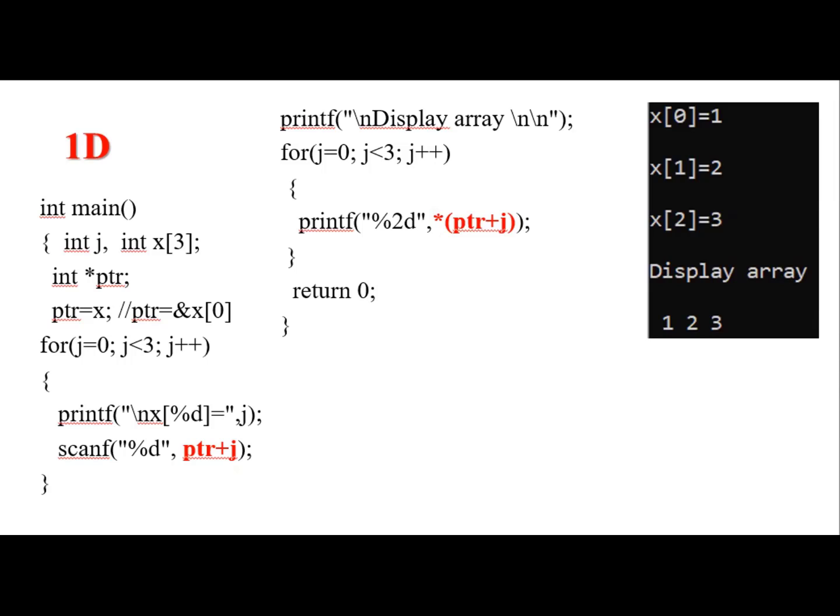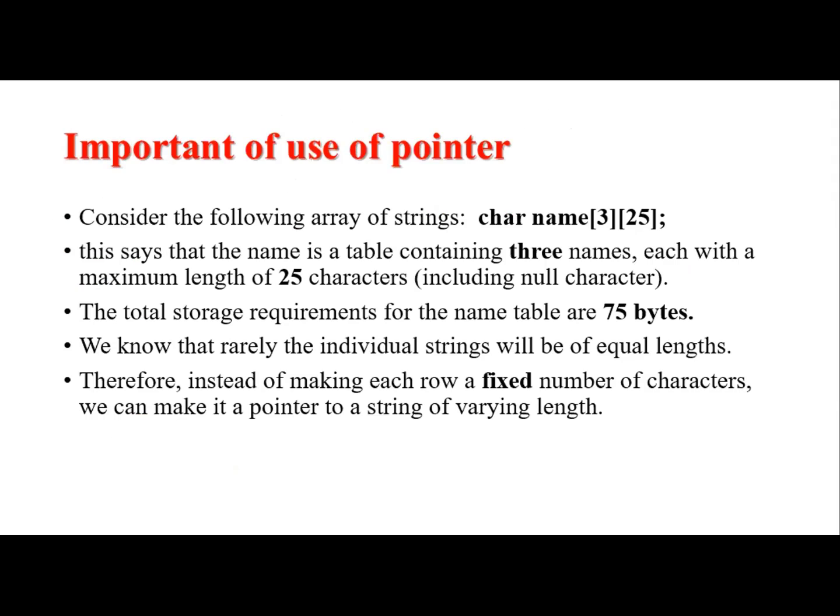So we have been learning about pointers. We saw that we can use a pointer to store the address of the value of a variable, right? So what is the advantage? Why do we use pointers? Let us see how this pointer helps. The importance of using the pointer is, let us consider the following array of strings. Let's say char name[3][25]. So 3 is the row and 25 is the column, right?